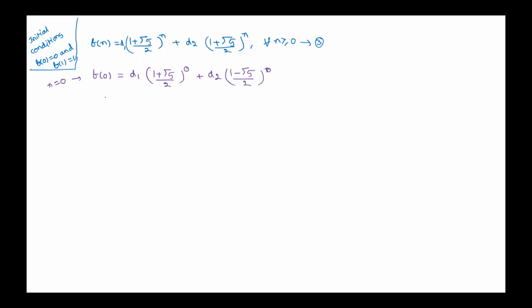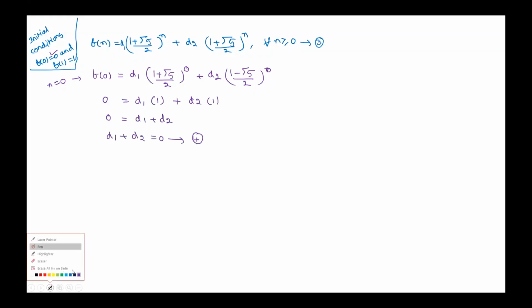What is the value of f of 0? It is 0. Anything power 0 is 1, and this is also 1. So what we have got is 0 equals d1 plus d2. The same thing we can write as d1 plus d2 equal to 0. This I call equation 4. Is there any doubt at this point?